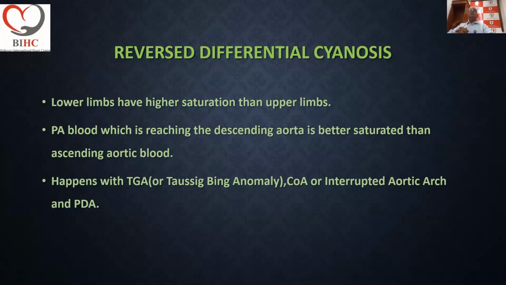It usually means that PA is coming from the LV, and that is what we call transposition. So in transposition, if there is a coarctation and a PDA, not an uncommon combination, it is the highly saturated pulmonary arterial blood which will go through the duct and perfuse the descending aorta. Result, reversed differential cyanosis.